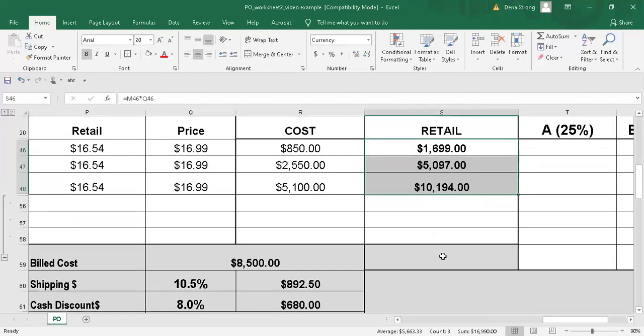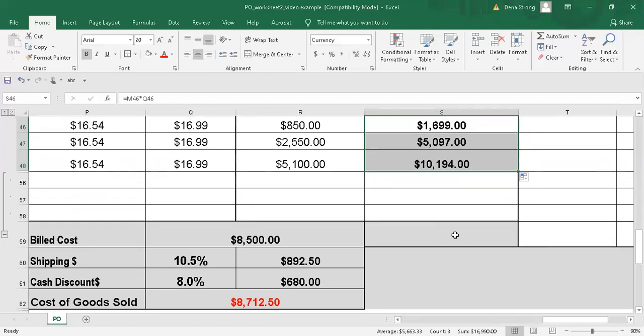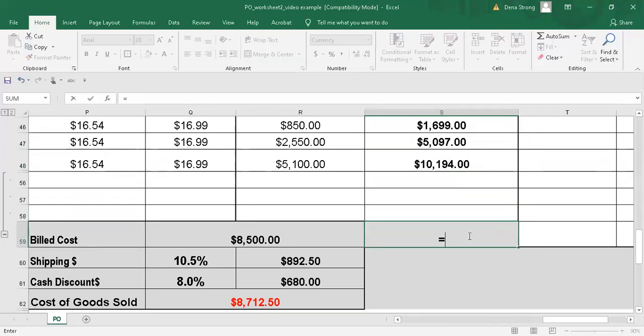So let's get a grand total of the retail value. So the retail value is equals sum parentheses $1,699 plus $5,097 plus $10,194, close parentheses, enter.